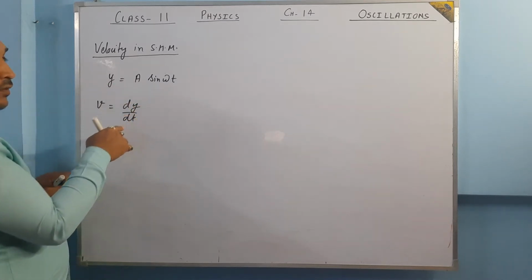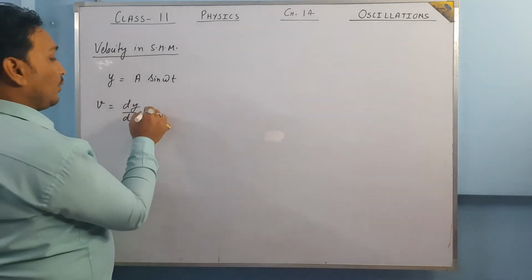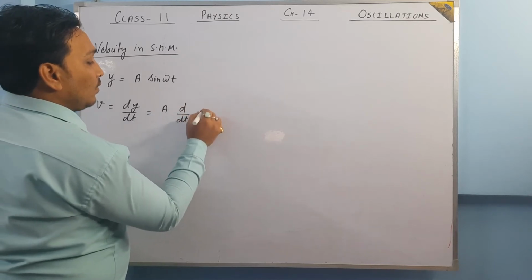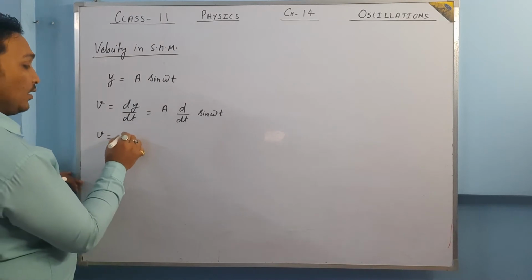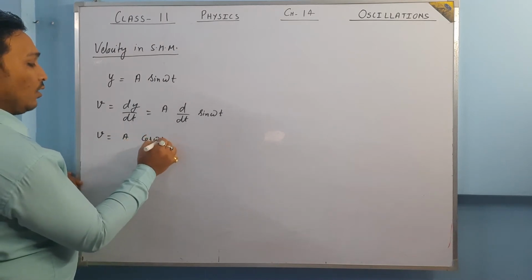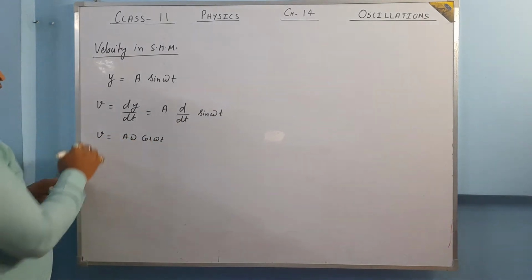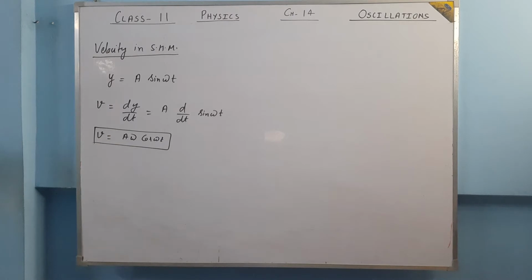If I differentiate the displacement, what am I going to get? Velocity. So v is equal to dy by dt. The differentiation of sin omega t, I hope you know, is cos omega t, and since omega t is again differentiated, it gives omega. So velocity comes out to be A omega cos omega t.